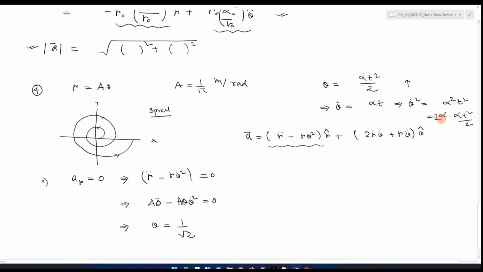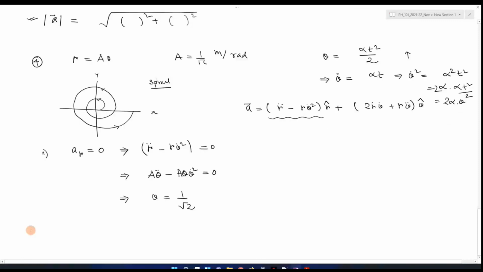If you write it like this, it will become 2 alpha times theta. In between step, in place of theta dot square, you have to write 2 alpha theta. Okay, you can do it, right? Do I need to solve? No. Okay.